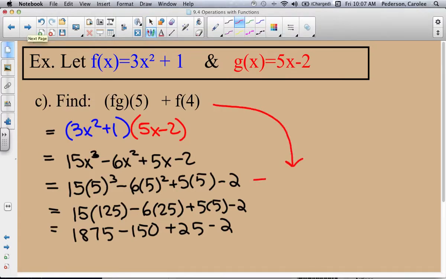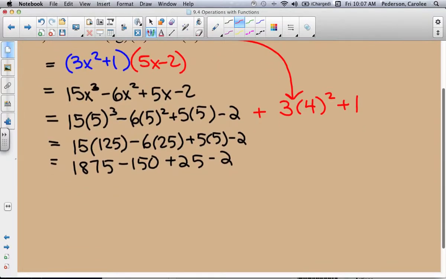Now what I'm going to do is I'm just going to bring down this last operation. It's saying add f of 4. So we're going to substitute 4 right up there. So 3 times 4 squared plus 1, wherever there's an x. So let's take care of that piece. Plus 3, 4 times 4 is 16, and then 3 times 16 is 48, and then plus 1.